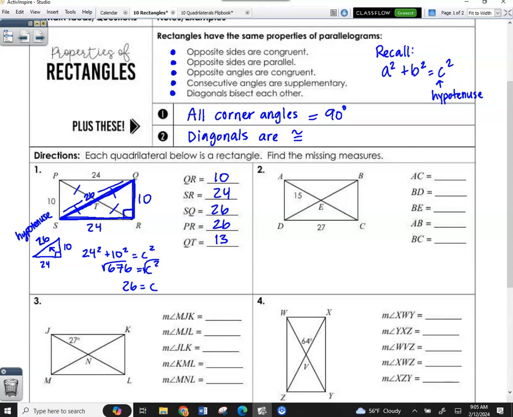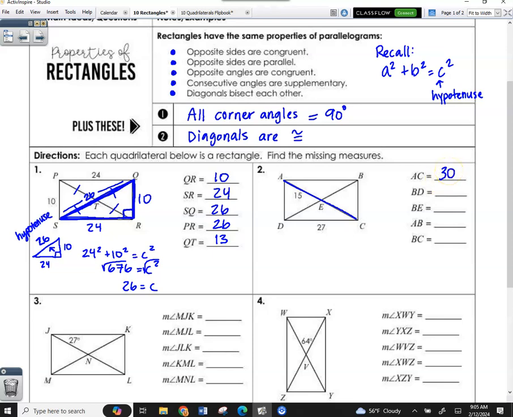Let's go to number 2. Find AC. A to C would be what? 30. Because I know part of it's 15, right?